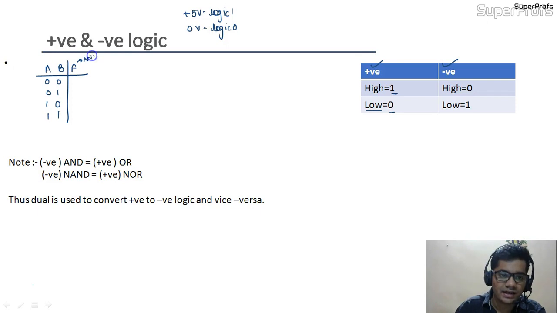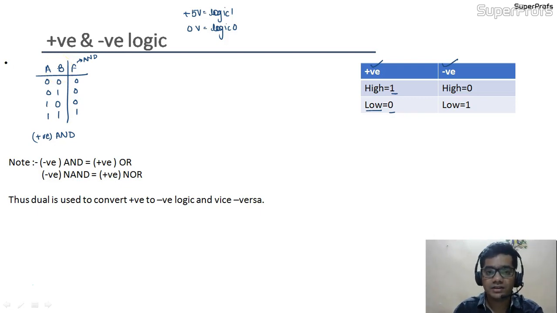So the output would be 0 0 0 1. This is our positive AND. We are taking it as a positive AND, which means logic 0 is equal to the low input, and logic 1 is equal to the high input.